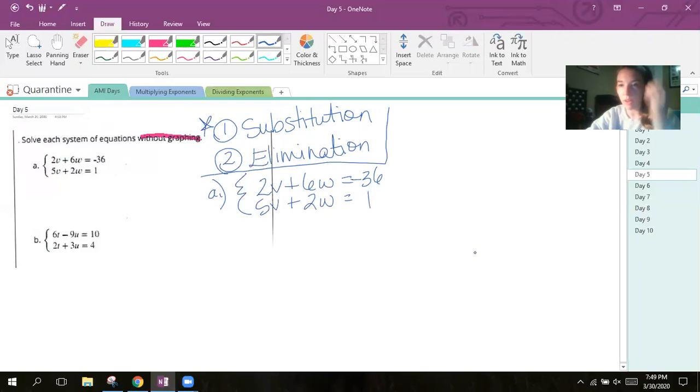All right, so the main thing you have to know for substitution is that you have to solve for a variable. All right, so you can really choose whichever one you want to solve for. Okay, so I'm looking at this and I'm going to choose this equation. This equation, I'm going to solve it for w.